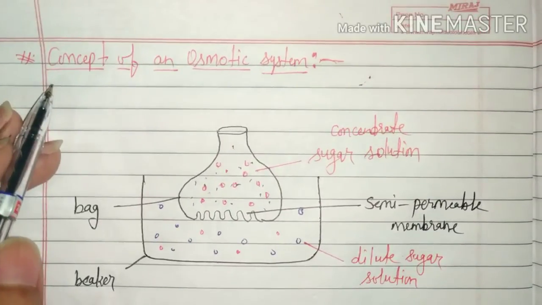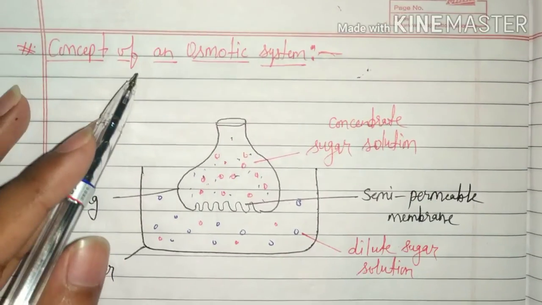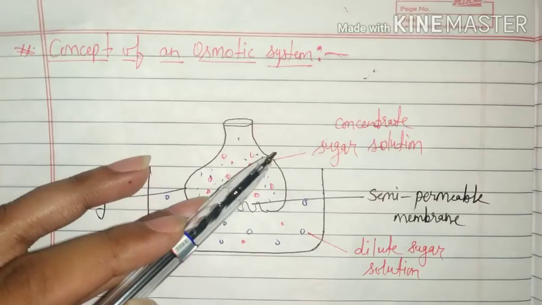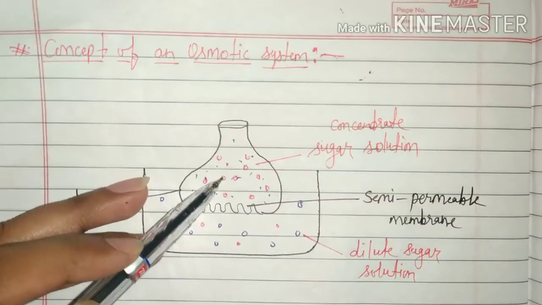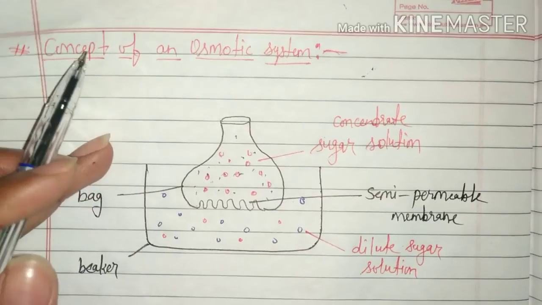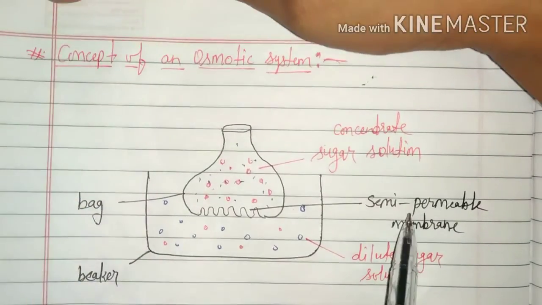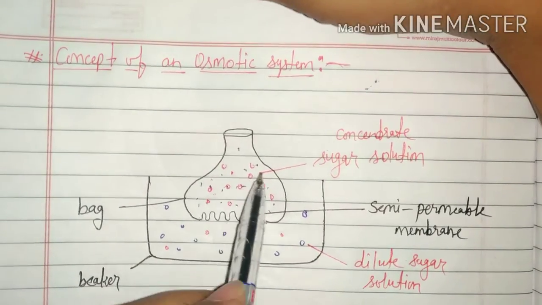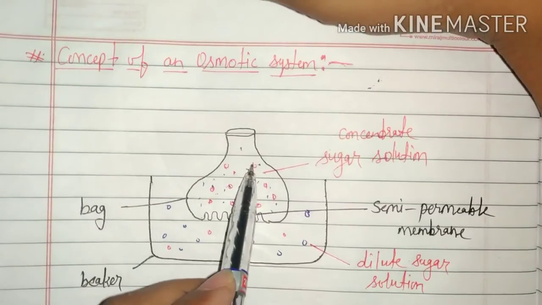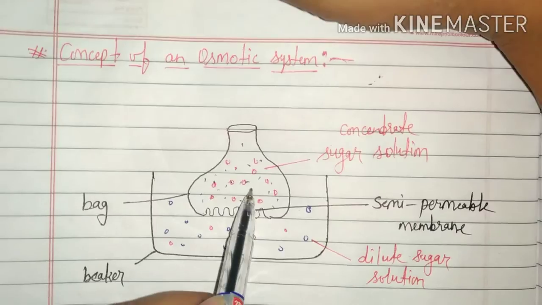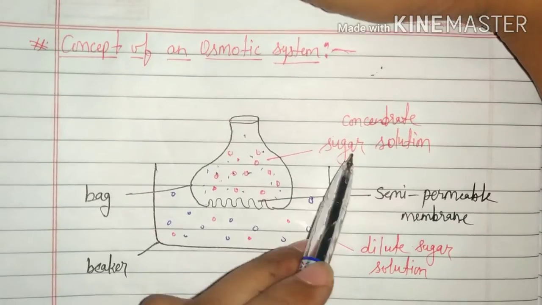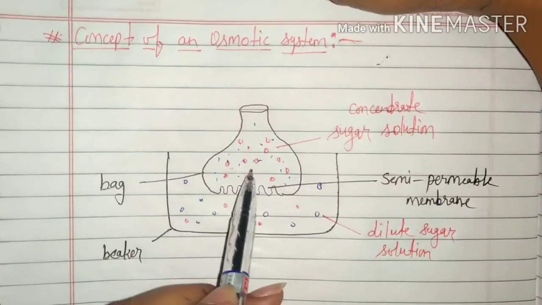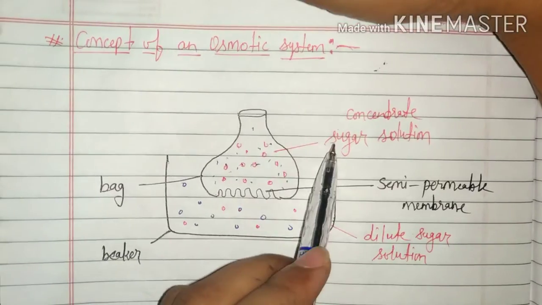Now, the concept of an osmotic system. Concentrated sugar solution is filled in a bag which is made up of a semi-permeable membrane. In this, sugar molecules are the solute and water is the solvent. Both sugar and water make a sugar solution, but in this the amount of solute is high.